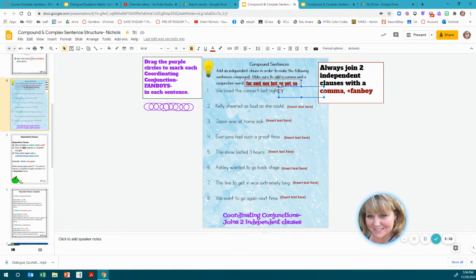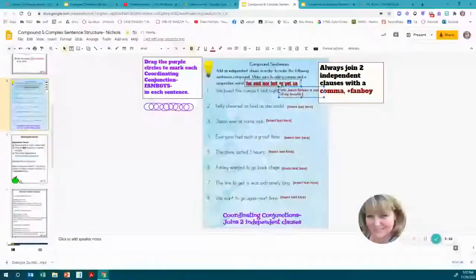And I'm just going to use the first one, for, and then you got to have another independent clause. And you got to think of someone who might be performing. I'm going to think, for Jason Aldean is one of my favorite performers.